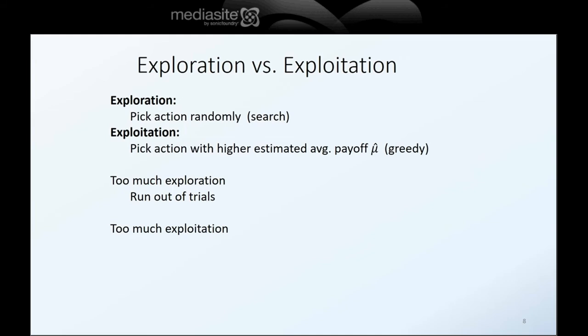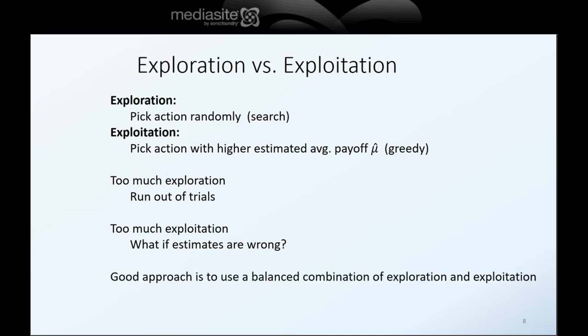What if we exploit too much? Well, in that case, what if the estimates are wrong? If we explore too little and start exploiting too much with only a few random actions, then our estimates could be wrong, and we would then be using the lever based on a false estimate.